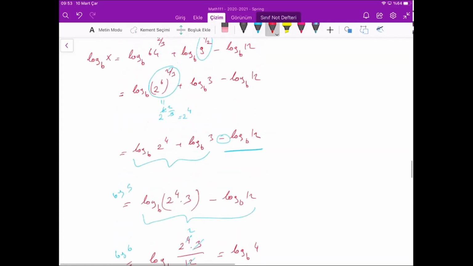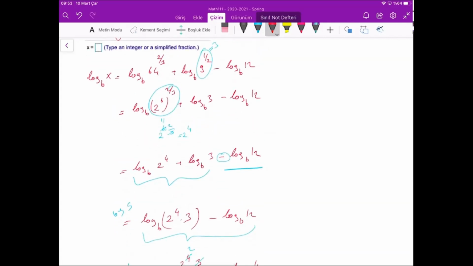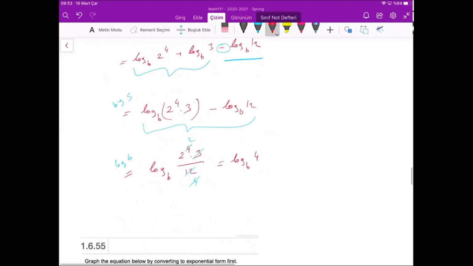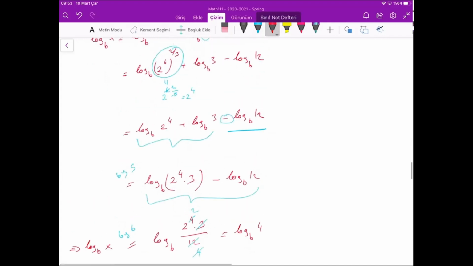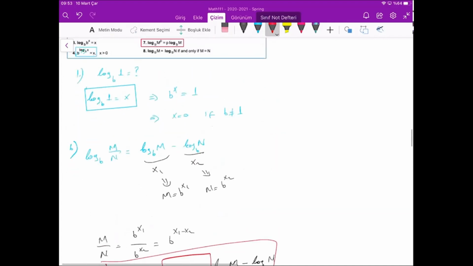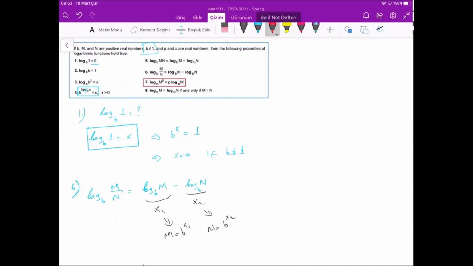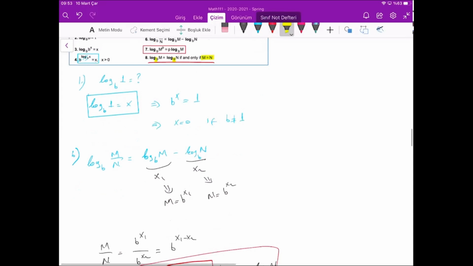So what we have, left hand side is logarithm base b of x. So here let's write logarithm base b of x equals logarithm base b of 4. By using the last property, as I remember, let's look here. Yes, by using this property, we can say that x equals 4 because the bases are the same. If the bases are the same, you can say that m equals n.